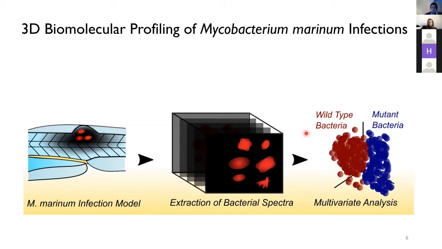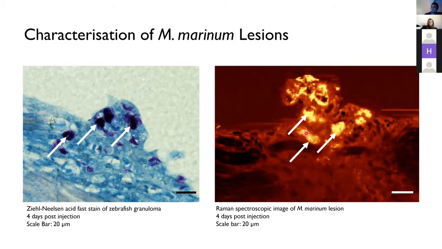strains of Mycobacteria. So what we first observed was that when we infected the bacteria locally, they formed lesions with dense clusters that could be quite easily detected using conventional histology with a Ziehl-Neelsen staining you can see here, which is the common way to visualize Mycobacteria in histological sections.